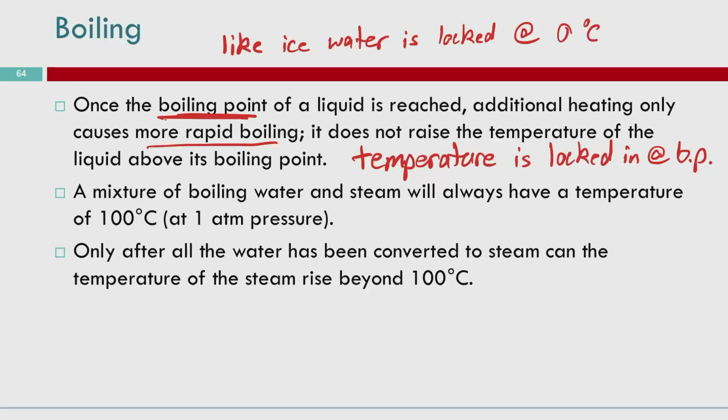The only time that the temperature will continue to rise past the boiling point is if you either increase the pressure, that lets the boiling point rise because the vapor pressure has to rise to match the outside pressure, or all of your liquid water has boiled and turned into the gas. So only after all the water has been converted to steam can the temperature of the steam rise beyond 100 degrees Celsius, and you wouldn't have any liquid water at that point.